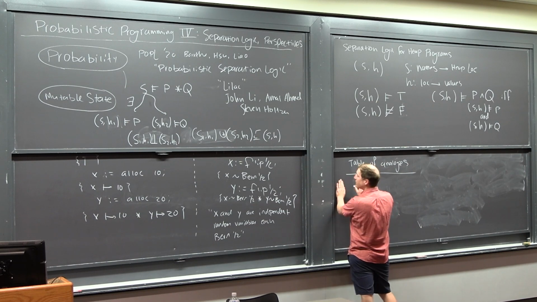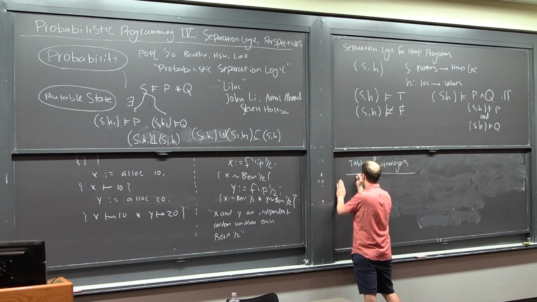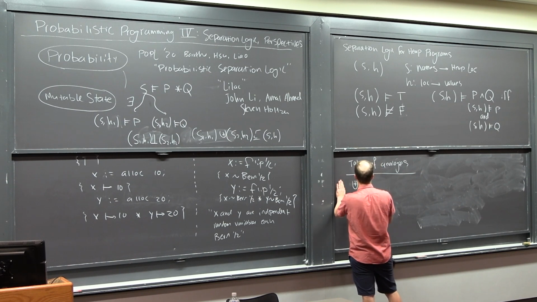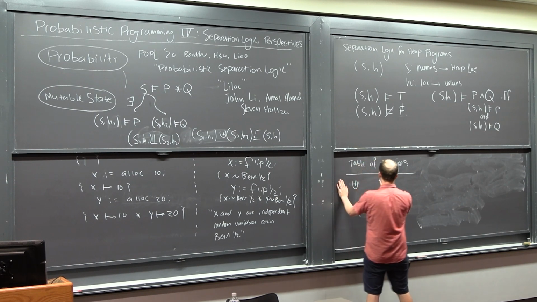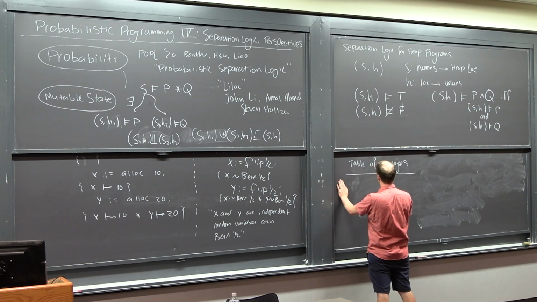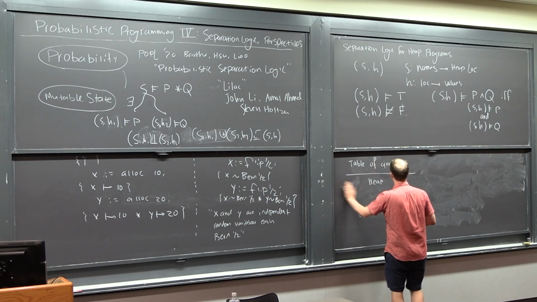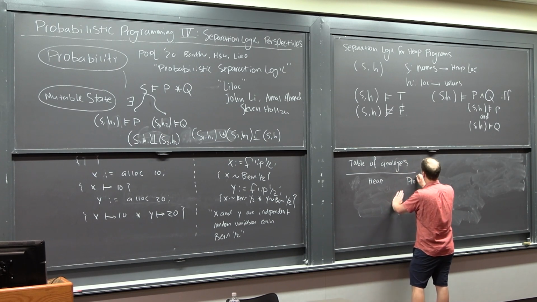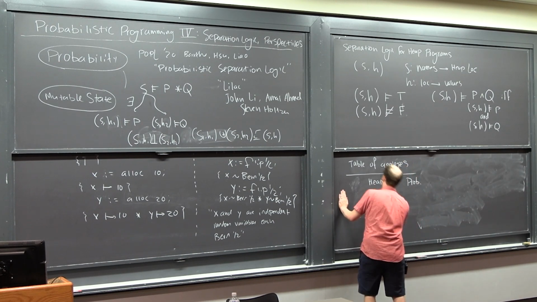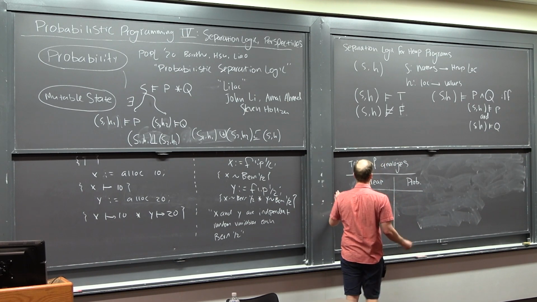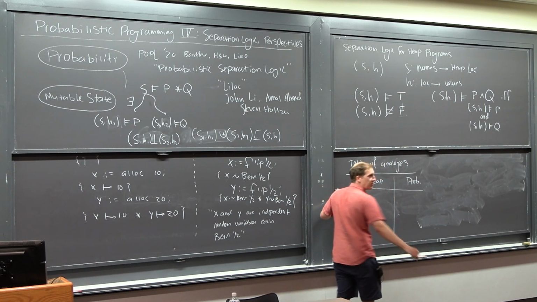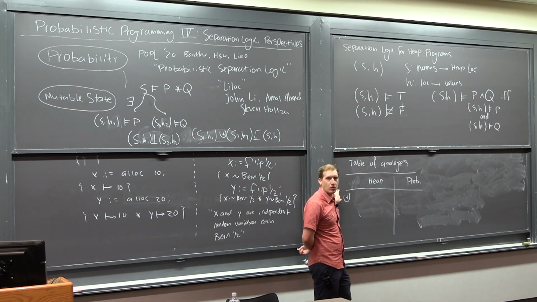So we have the meaning of this guy, this plus. I want to draw it this way. We're going to have our heap, and then I'm going to have prob. And then I'll have my key semantic notions as the rows.